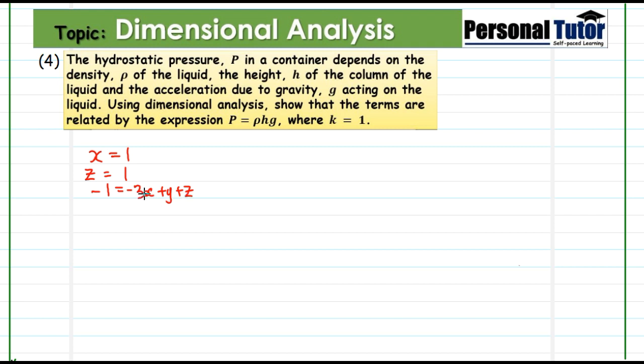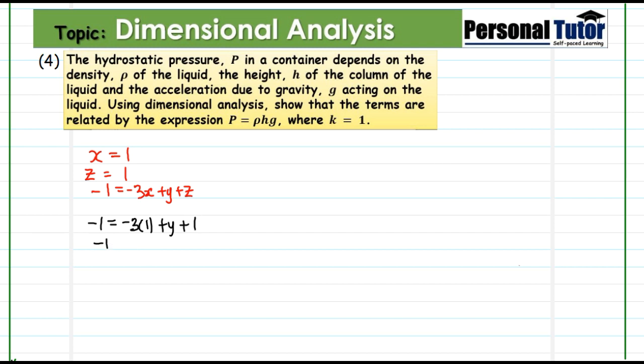You could easily look for the value of Y by substituting S and Z. So into this equation, we can say -1 equals -3 times S, which is 1, plus Y, plus Z, which is 1.